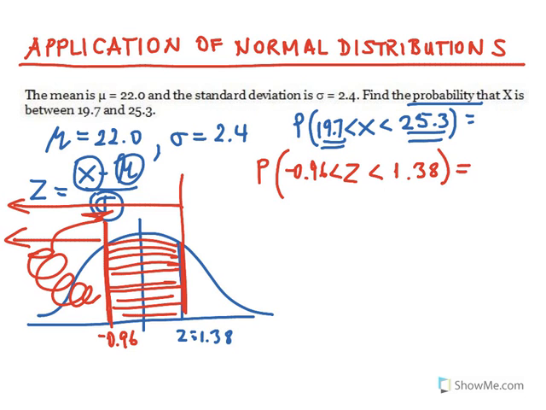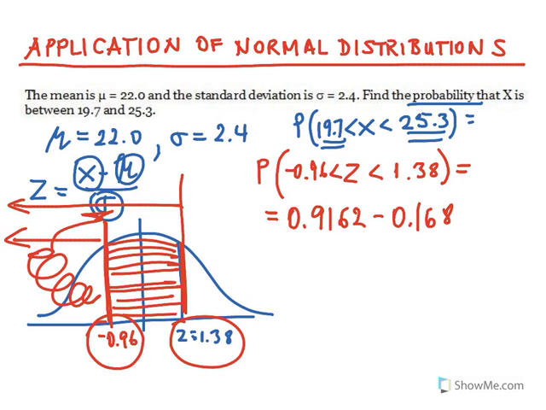Now when we go to table 3 and find the cumulative area associated with each of these z's, we find that the probability of z in between these two scores is equal to the probability of the bigger area associated with 1.38, which is 0.9162, minus the probability associated with the smaller area, z equals minus 0.96, which is 0.1685.